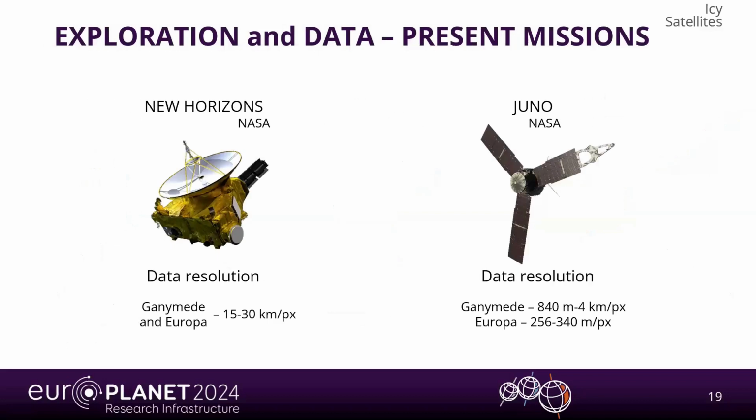And currently, there are other missions that are focused on other targets, of course, such as New Horizons, which was launched in 2006 to Pluto, and also the Juno mission, which was launched in 2011 to Jupiter.